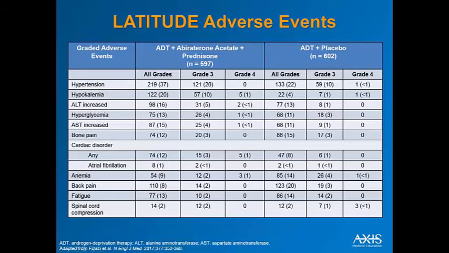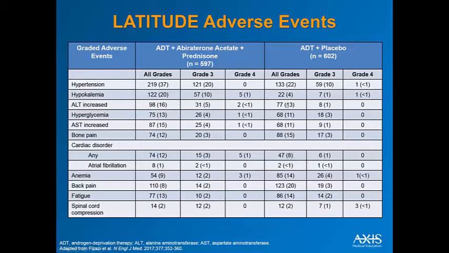We looked at the adverse events. There are some adverse events that I think people need to be aware of with this abiraterone and 5 milligrams of prednisone. Hypertension is more common in the abiraterone prednisone arm. Here you can look at grade 3, 20% versus 10. Hyperkalemia, 10% versus 1.